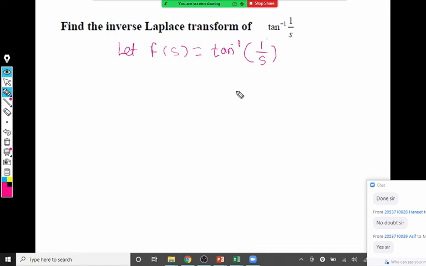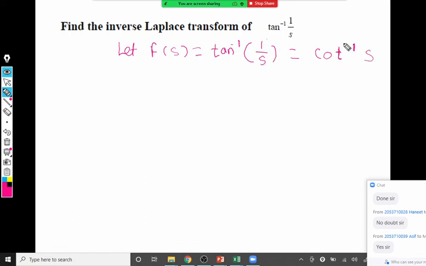Is there any relation, anyone? Is tan inverse 1 by s equal to cot inverse s? Is it directly cot inverse s?